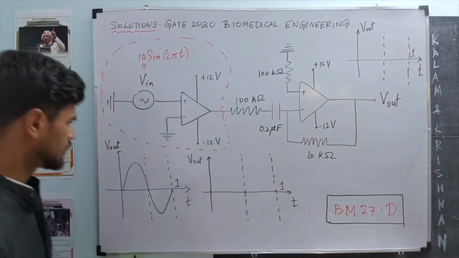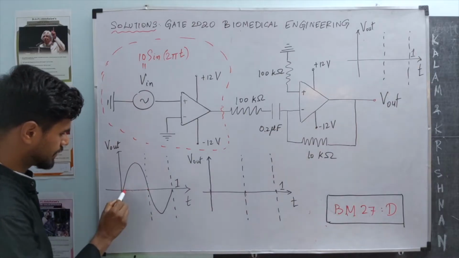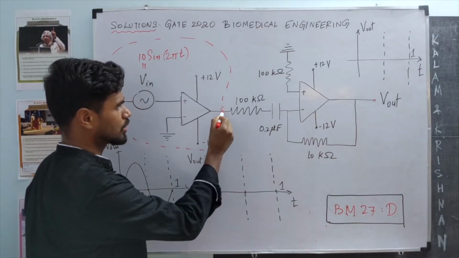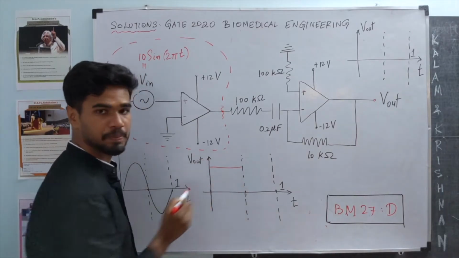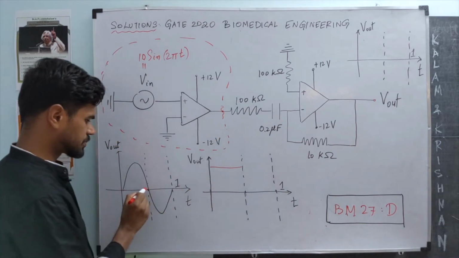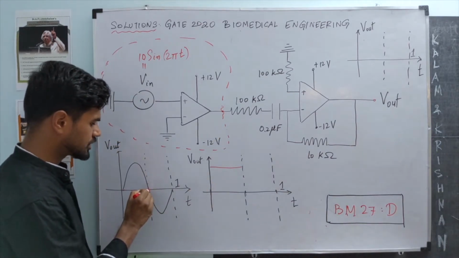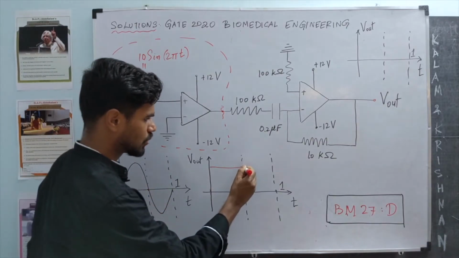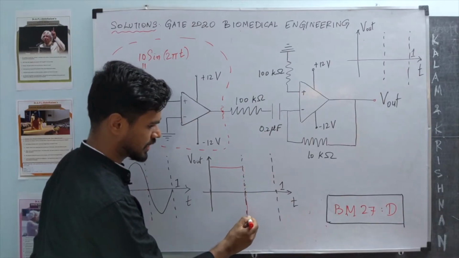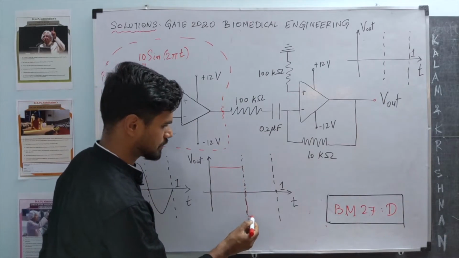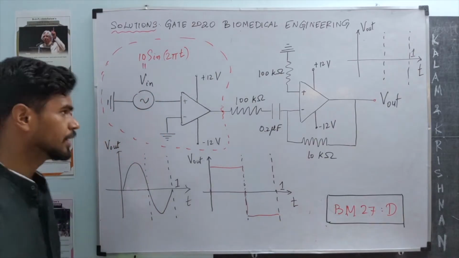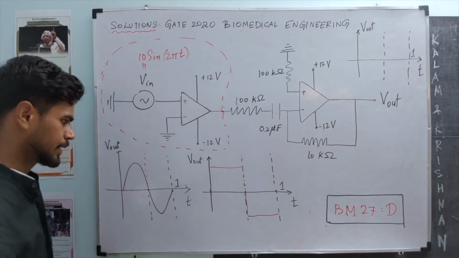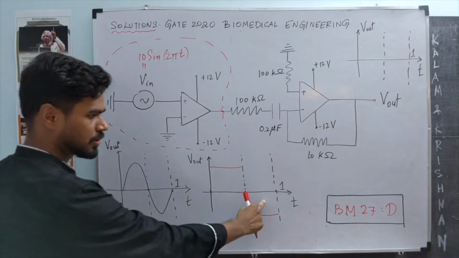From here till here, input voltage is above 0, so the output at this location is going to be this. Then when it touches this particular point, input voltage becomes 0, and then negative, which is less than the reference. So this goes to this side and saturates at minus 12 till this point. So the first part of the circuit is a comparator. It compares to a reference whether it's higher or lower. In this part it's higher compared to 0, in this part it's lower compared to 0.